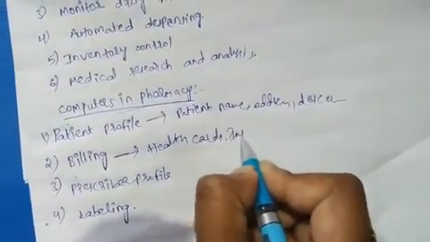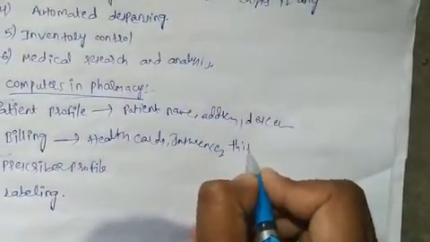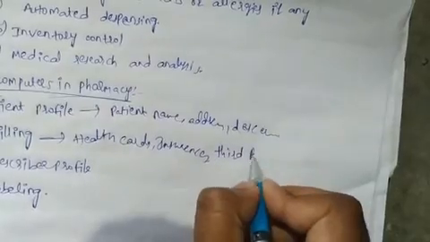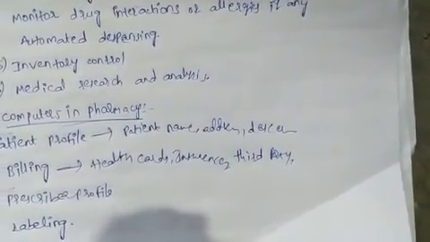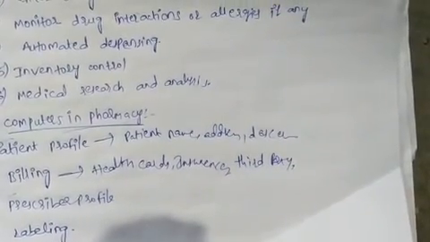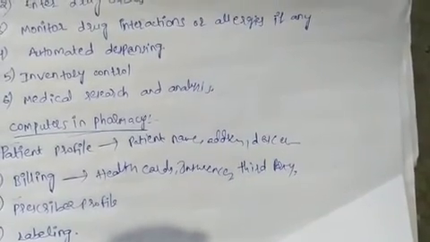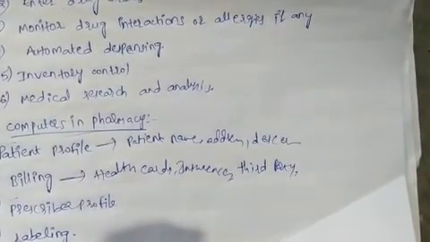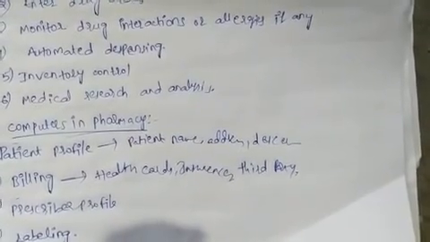or insurance, and some third party. Third party means, in small villages, some patients cannot come because there is no transportation, and at that time some doctor or another person comes to take them and join them to that hospital.